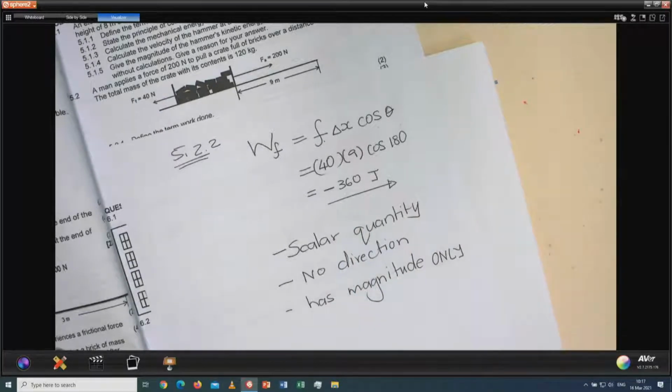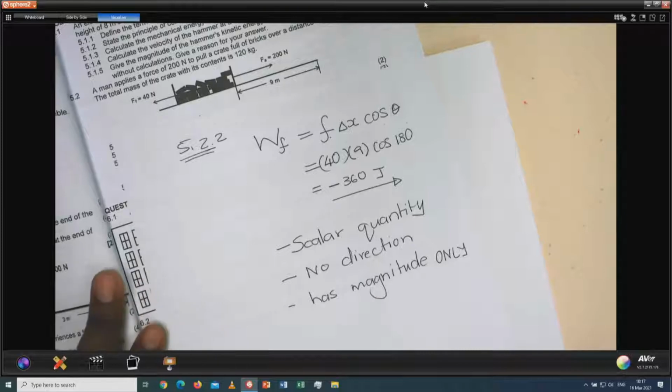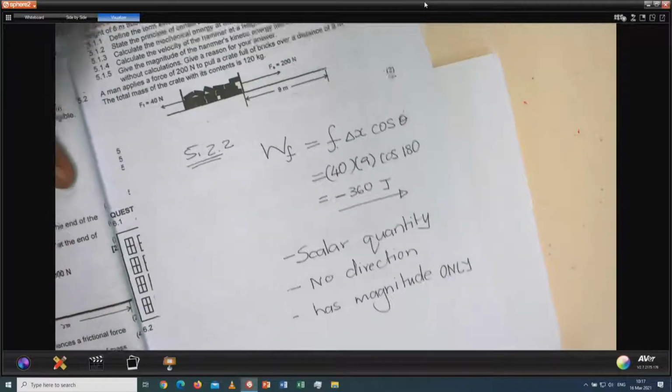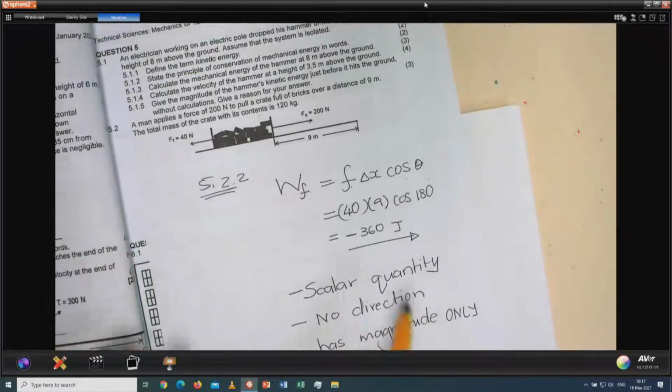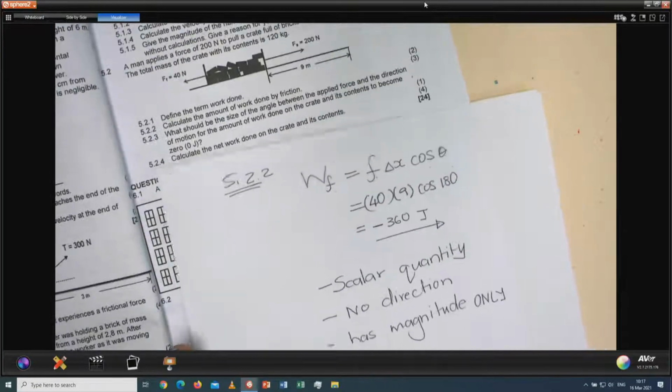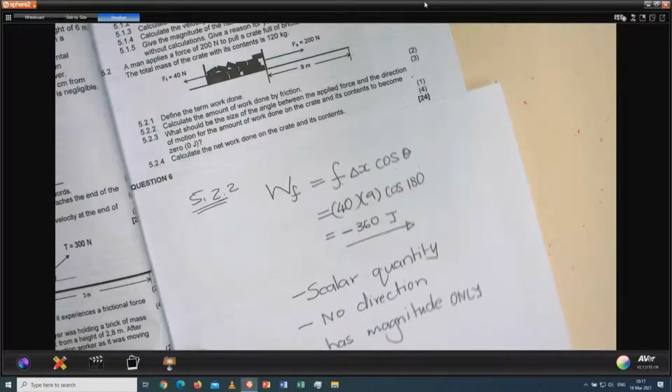It's negative because it tells us that the system is losing energy into the environment. Now remember, when work is done, energy is transferred. Okay, let's finish this question, then we are going to take a short break.